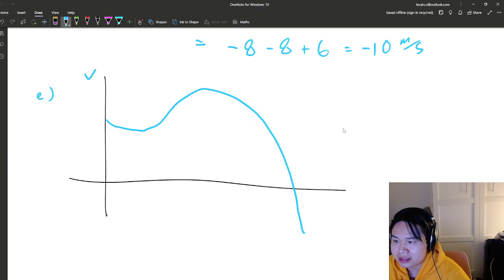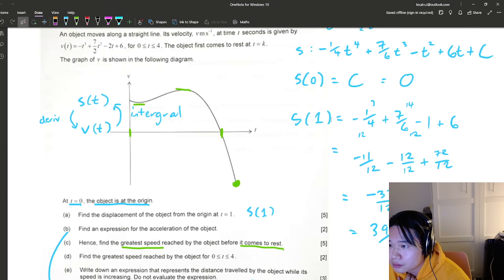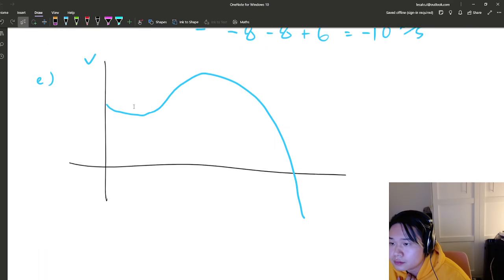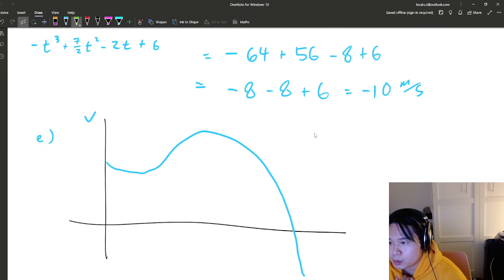So your velocity is getting faster from here to some inflection point right here.